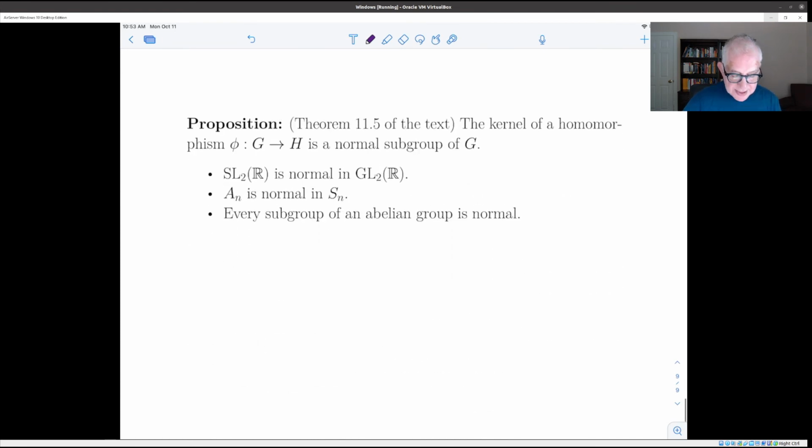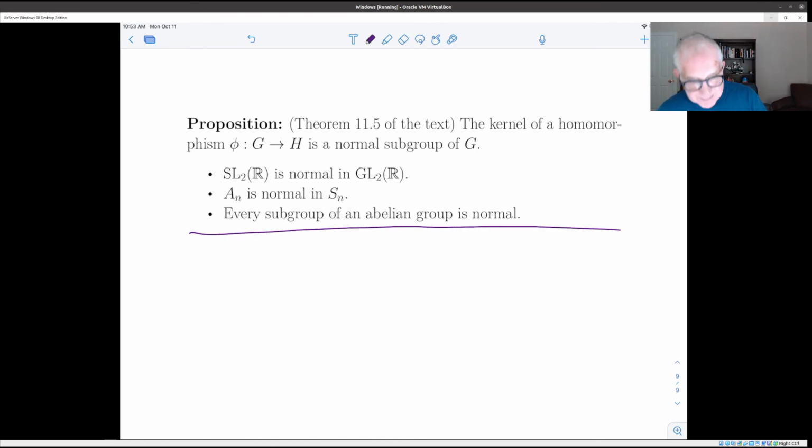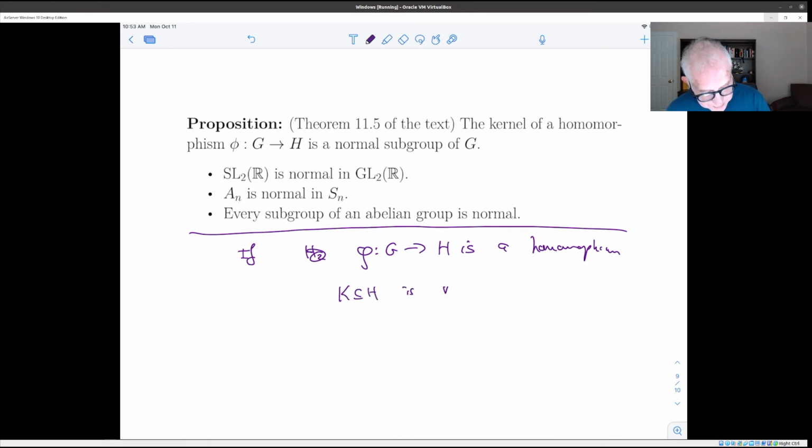And just to summarize, remember that in our big list of properties, we showed that if phi from G to H is a homomorphism, and we had a subgroup K in H that is normal, then phi inverse of K in G is normal.